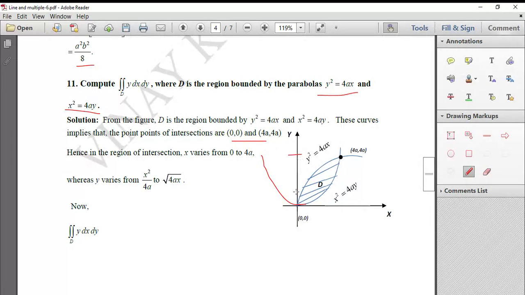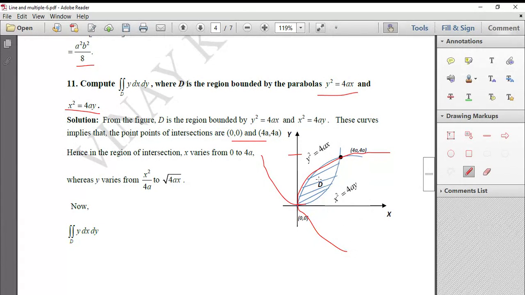That means x equal to plus 4a and x equal to minus 4a. So you'll get a curve like this. This is minus 4a, this is plus 4a. Okay, you'll get like this.